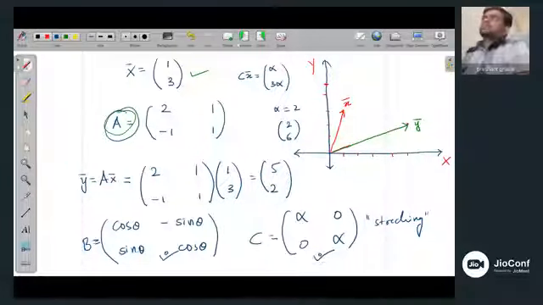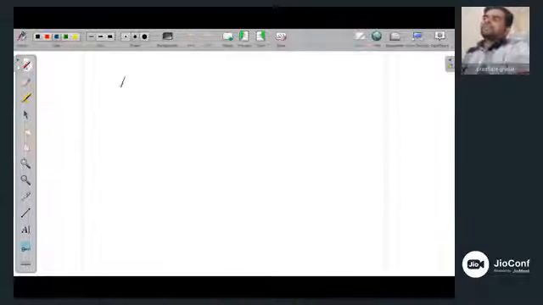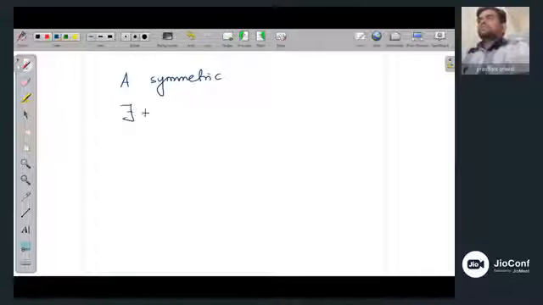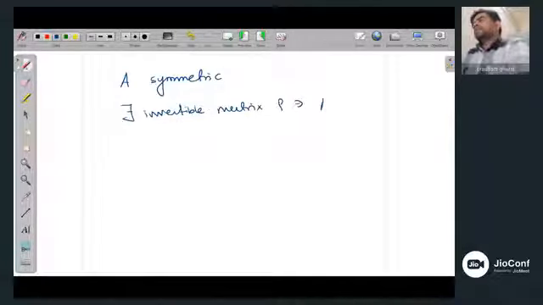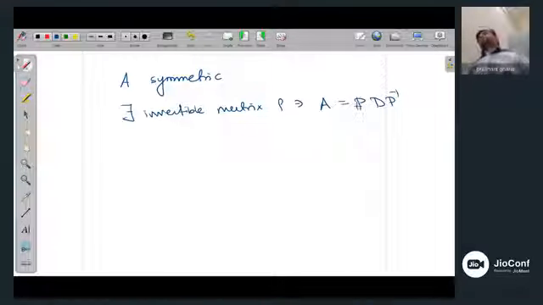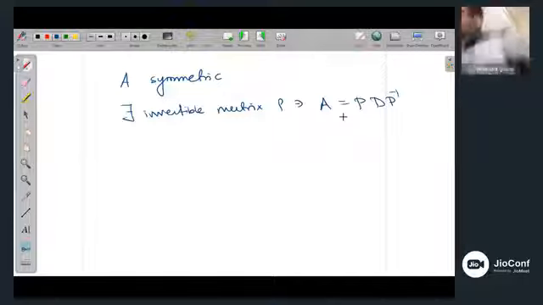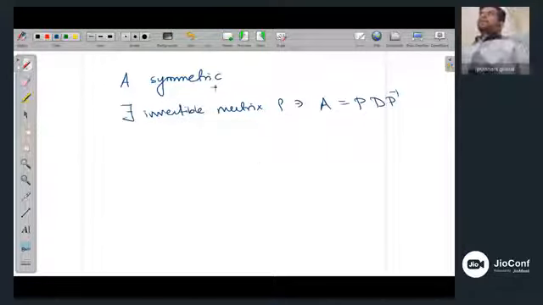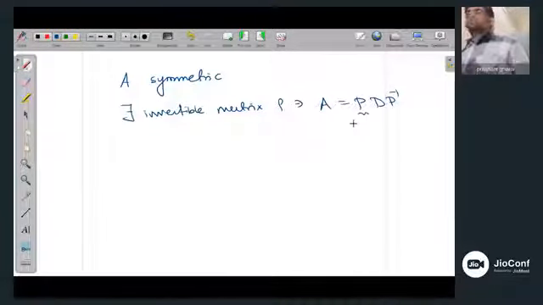There, the students have learned that if A is symmetric, then there exists an invertible matrix P such that A is equal to P D P inverse, where D is a diagonal matrix, and P can be calculated using the eigenvectors of the matrix A. If A is symmetric, then P is actually an orthogonal matrix, which will represent the rotation.